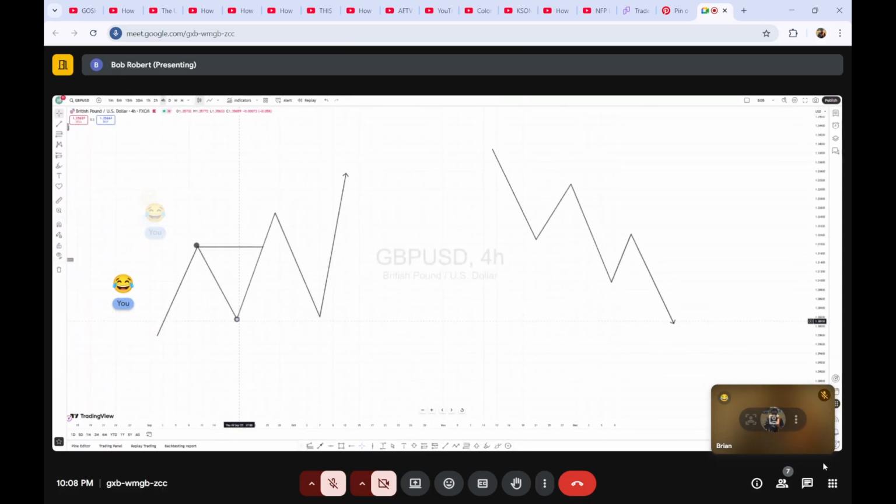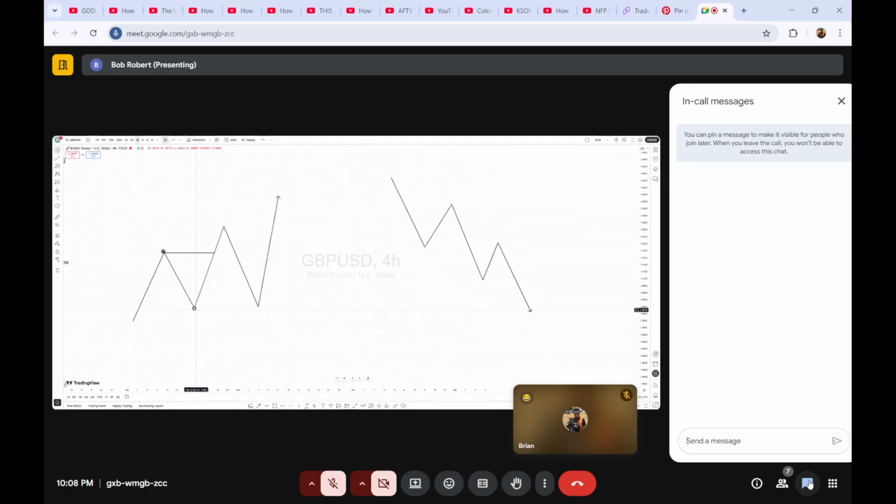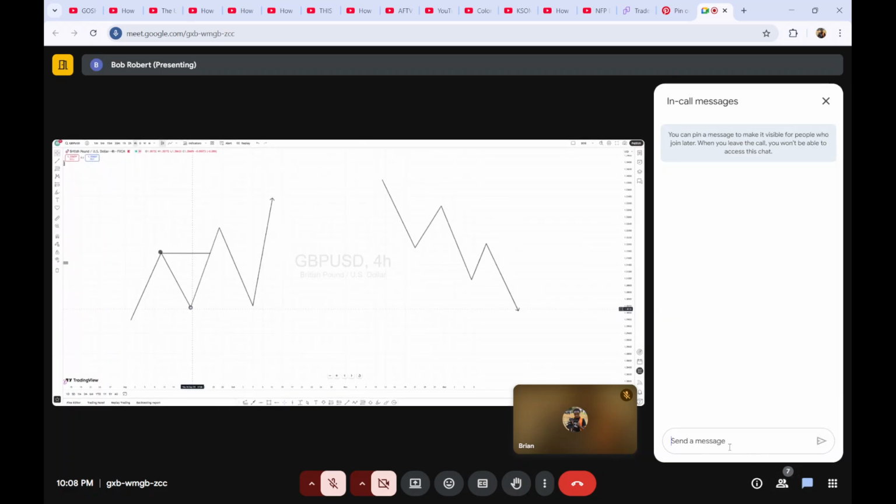So for Cotton, it is easy to take him out compared to me. So this is the weak one, this is the strong one. It can protect itself. It can only be defeated in rare cases, and when it is defeated, that's the rare case where we call it change of character.